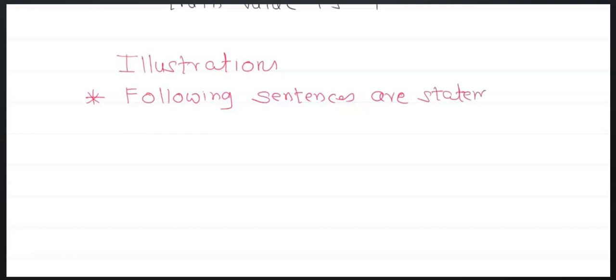Now the illustrations. Following sentences are statements. These all sentences are statements. It means that their truth value is either true or false.